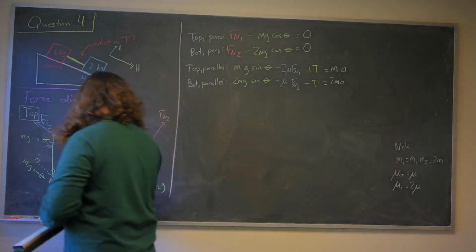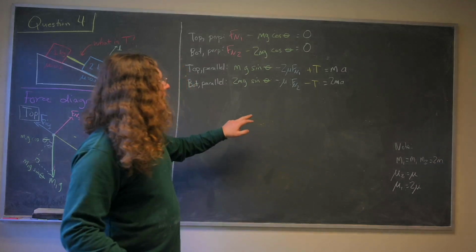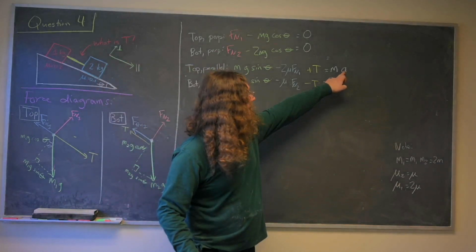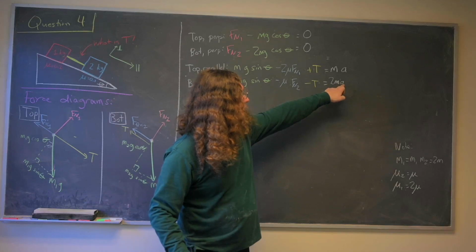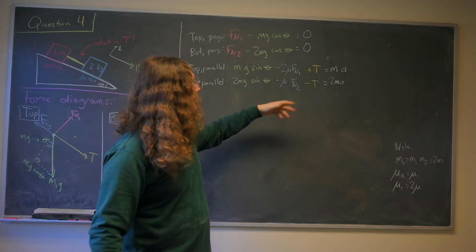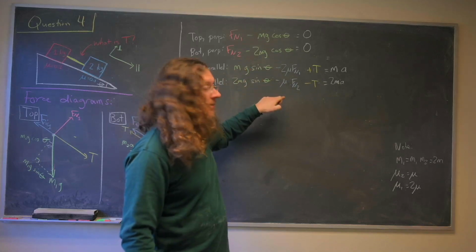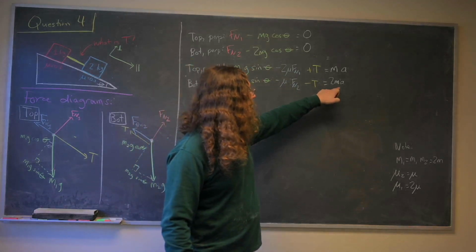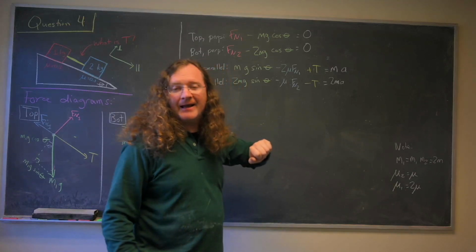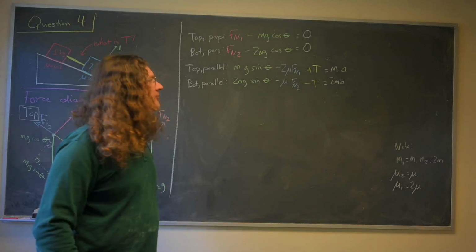Now here's an algebra trick that I learned embarrassingly late in my education. I could solve this equation for A, substitute it in here, and then solve for T. Problem is, if I solve for A, I'm going to divide by m, and then I'd multiply by m. And I'd spend a lot of time just dividing and multiplying by something over and over again.